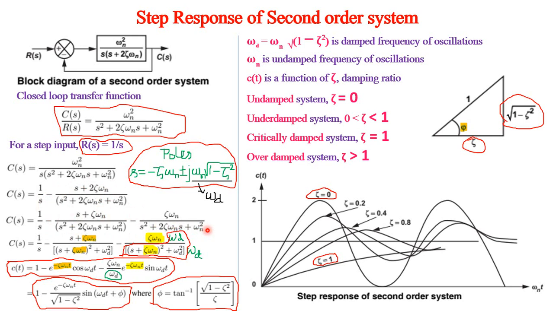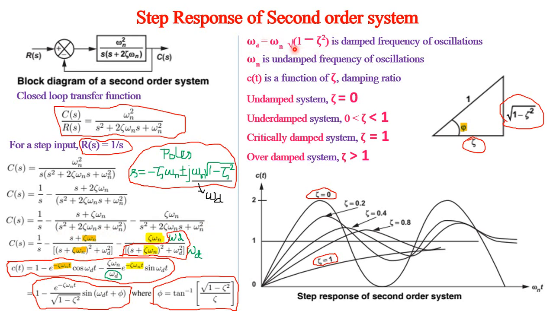So why are we writing like this? Because we want to bring it to the standard form. So here this s square plus 2 zeta omega n s plus omega n square is expanded as s plus zeta omega n whole square plus omega d square. See, omega d is omega n into root of 1 minus zeta square.